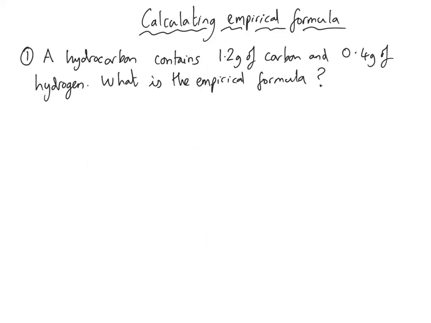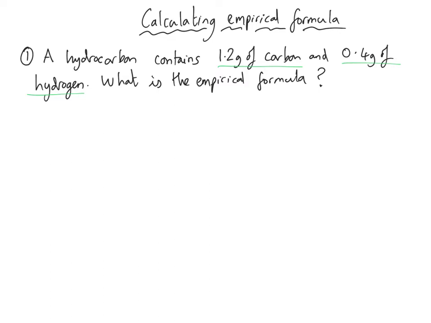So now we've explored the relationship between those two types of formula, let's look at how you might actually calculate the empirical formula. So in this first question, we've got a hydrocarbon that contains 1.2 grams of carbon and 0.4 grams of hydrogen, and our command is, what is the empirical formula?